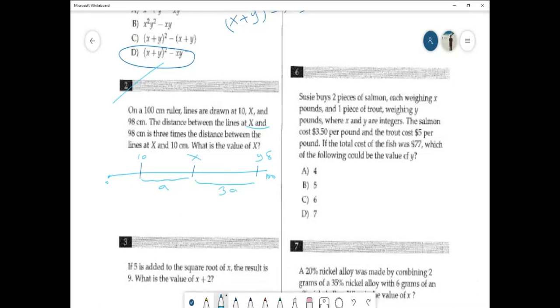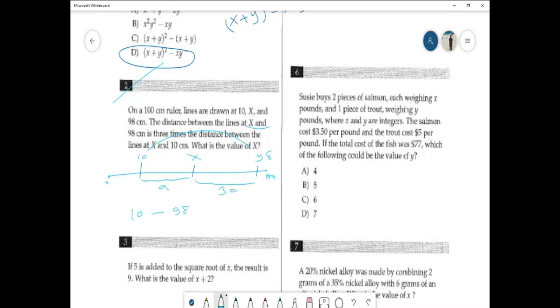The distance between the lines at x and 98 is 3 times the distance between the lines at x and 10. So if I call this distance A, the distance between x and 98 will be 3A. So I know that between 10 and 98, how many centimeters are there?